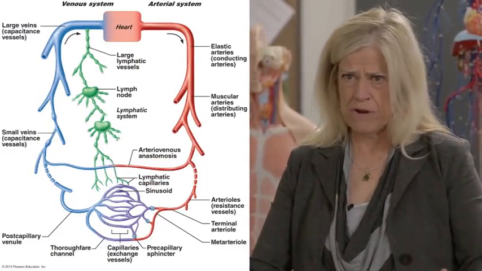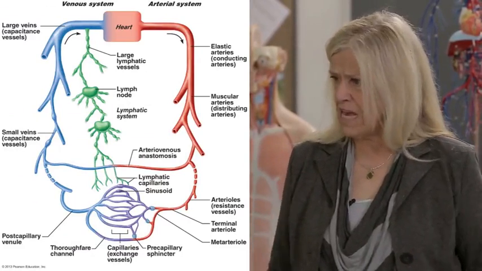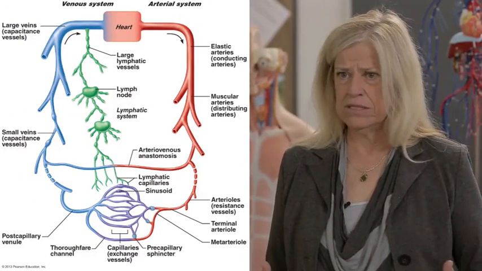And so when blood goes through the capillary beds in the lungs, the blood will give off CO2 and it will take on oxygen, right? And so then that blood that's coming back from the lungs will come back to the heart as oxygenated blood. So that's the two circulations. Arteries always carry blood away from the heart. Veins always carry blood back to the heart.